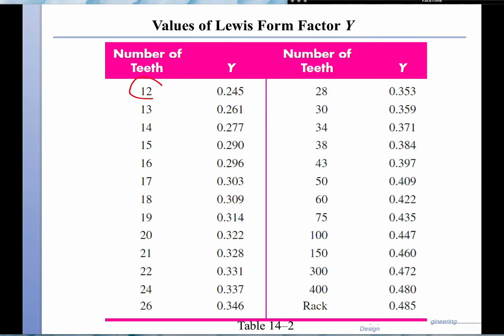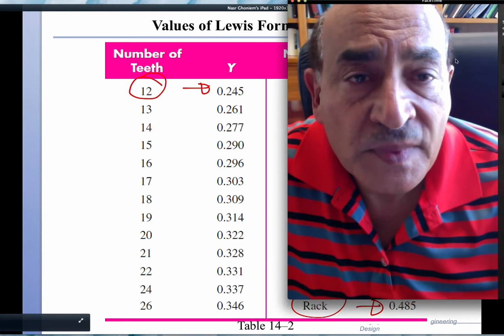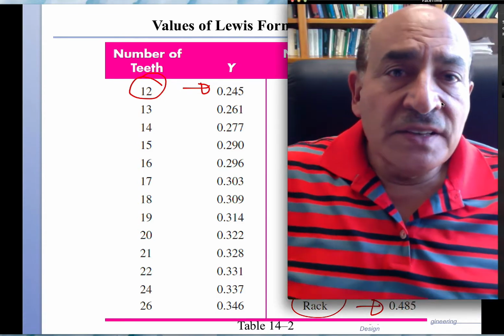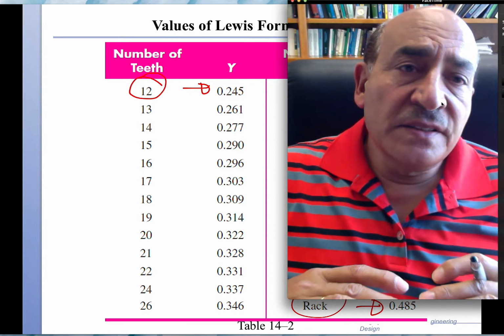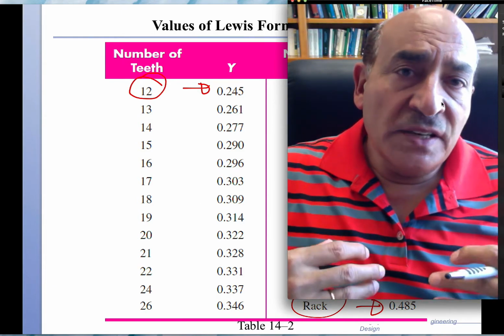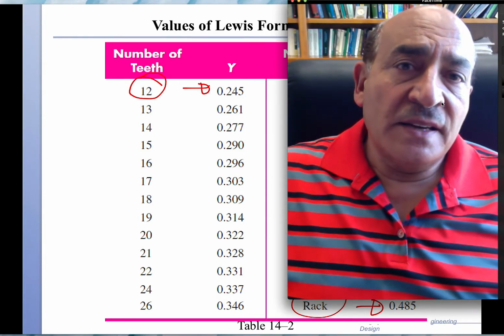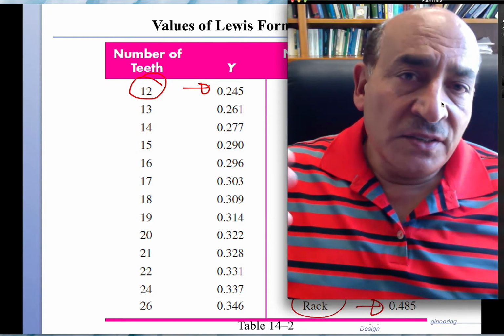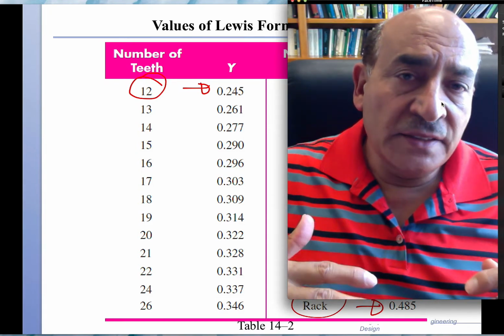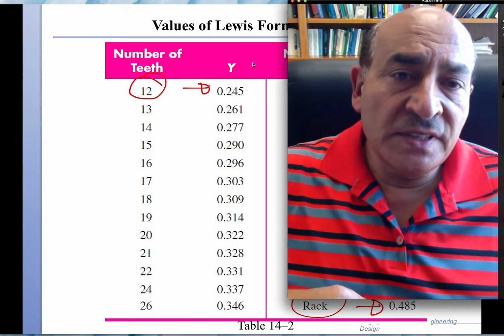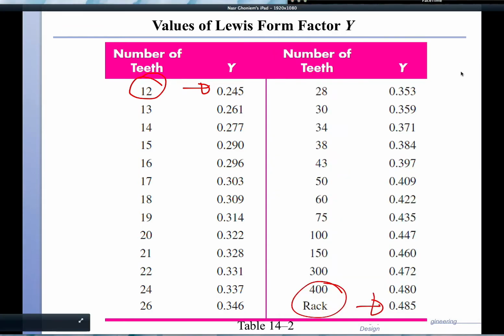So it depends on the number of teeth. With the smallest number of teeth you have almost a quarter, and with the largest number of teeth almost a half. It goes to the rack situation, or several hundred teeth, where the Lewis factor goes to half. So if we have a small number of teeth, the Lewis factor is small, and therefore the stress is high. If we have a large number of teeth, the Lewis factor is large, and the stress is lower by a factor of 2 at most.